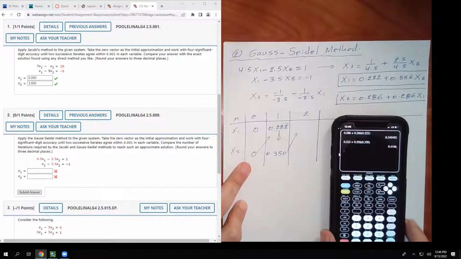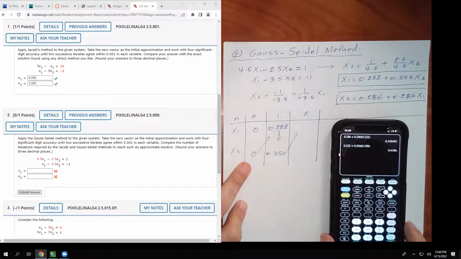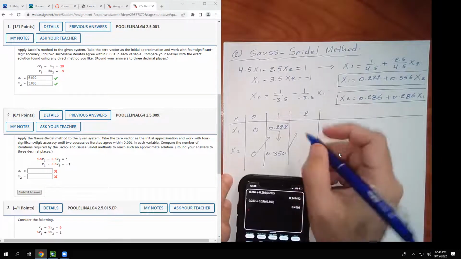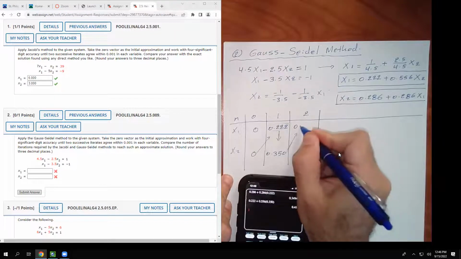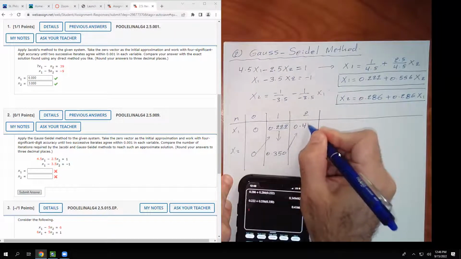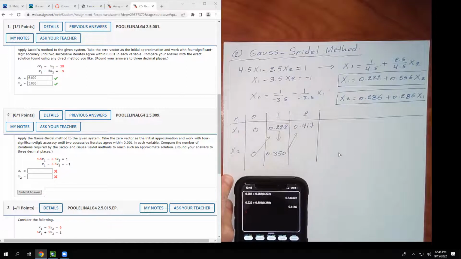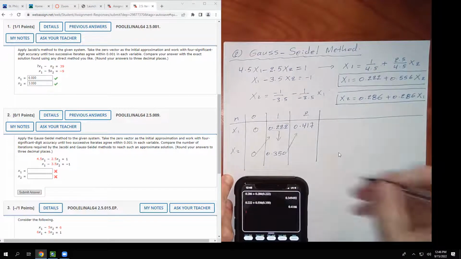So x1 is 0.4166, which rounds to 0.417. Here is the new x1.